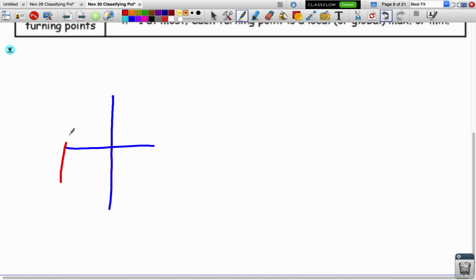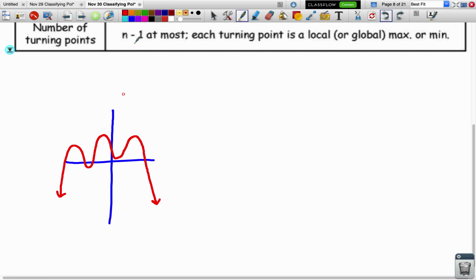The high degree one might do some squiggles like this, but eventually they always pick a direction and stick with it. So they might go up and down for a little bit, but towards the tails, they stop going up and down, and they start either going down forever or up forever. And that's what we're talking about with end behavior. End behavior is always measured from the middle out.